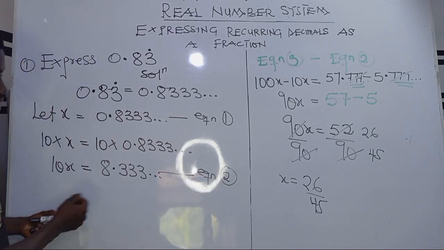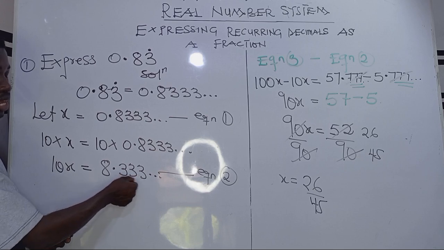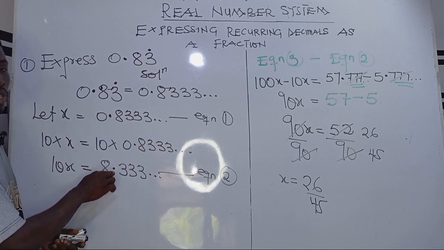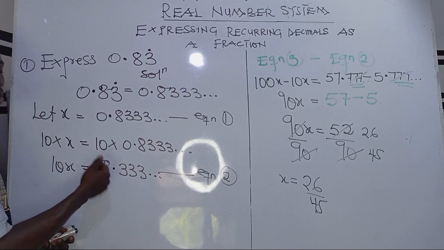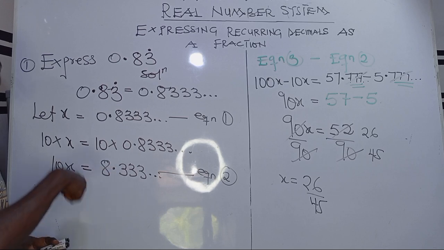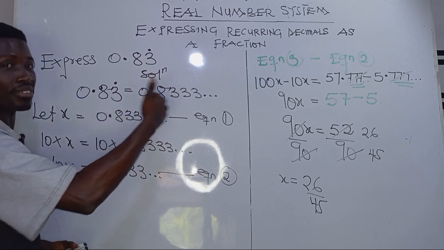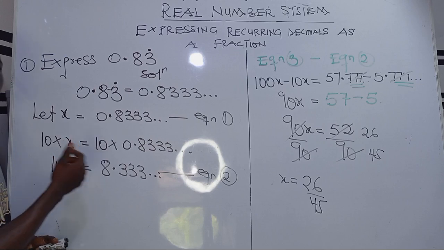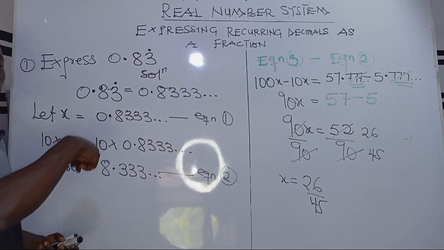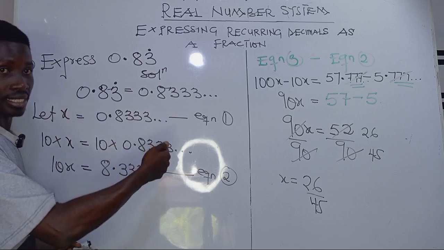Then after that, realize that the number that recurs infinitely comes directly after the decimal point. So we are going to look at the number of digits that repeats. How many digits repeat? It is only one digit that is repeating infinitely, and that digit is 3. So we are going to multiply equation 2 by 10 because it is only one digit that is repeating.